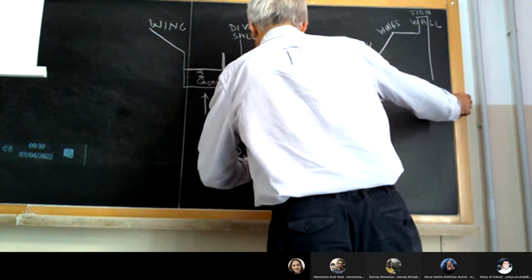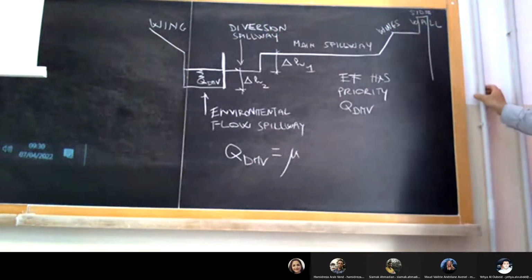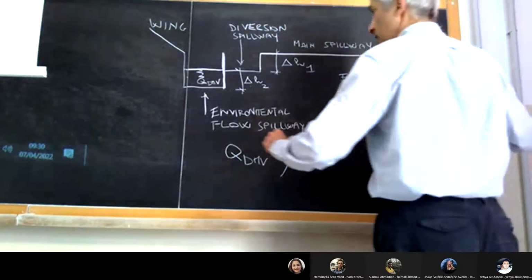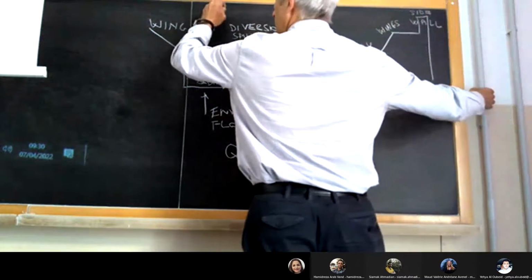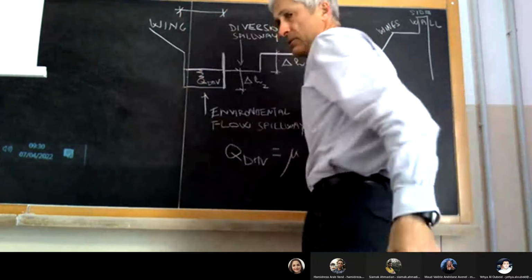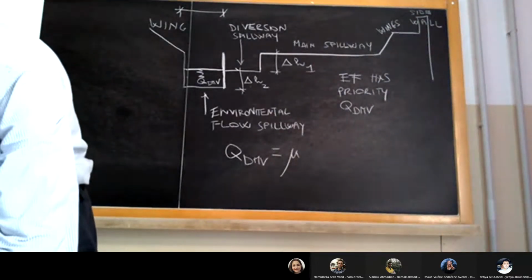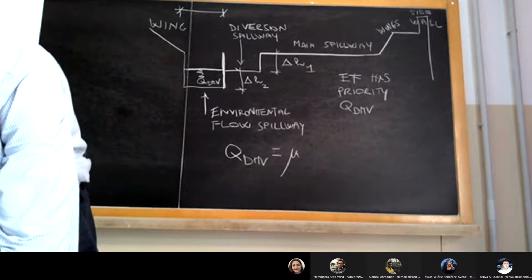QDMV is equal to a flow coefficient, let's call it mu, and then I have the width. I don't remember how I called it in my slides, I need to check.